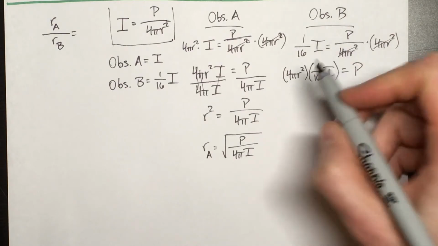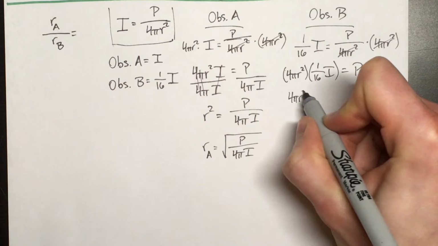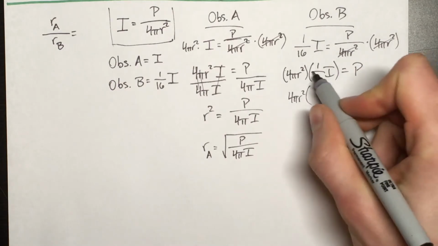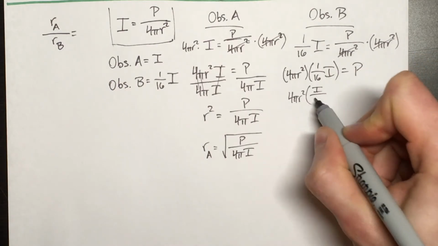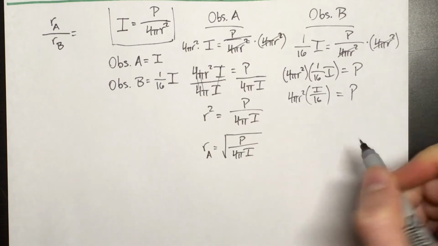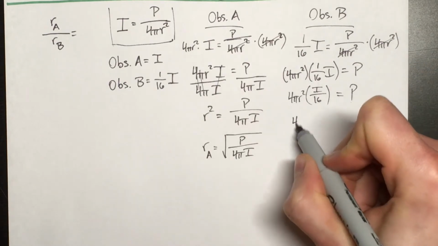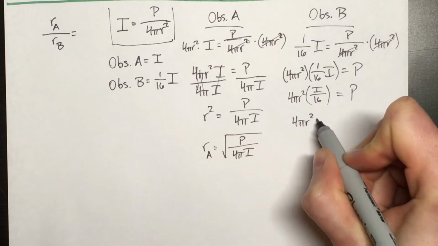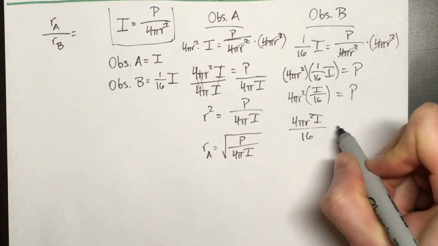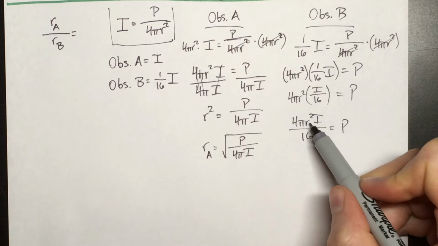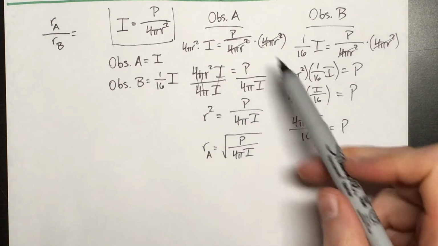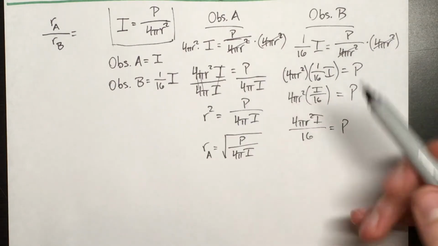When you multiply those together, you have 4 pi r squared I over 16 equals P. We want to solve for r, just like we solved for r over here.